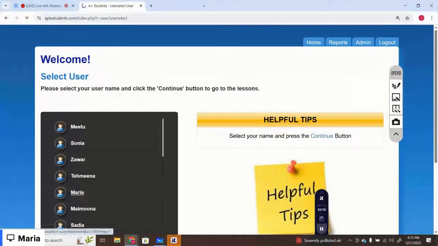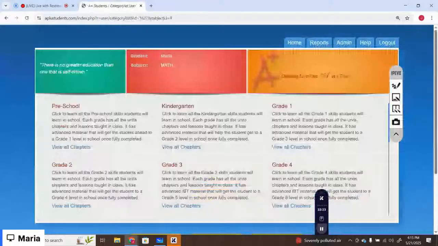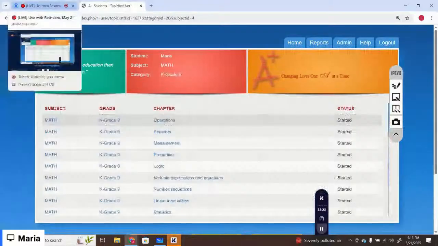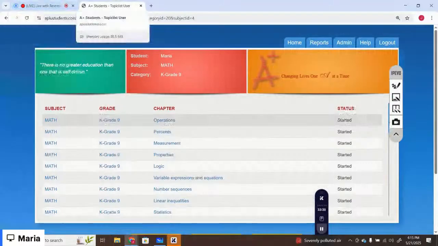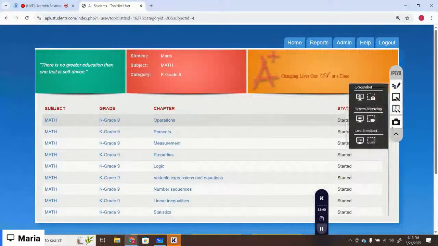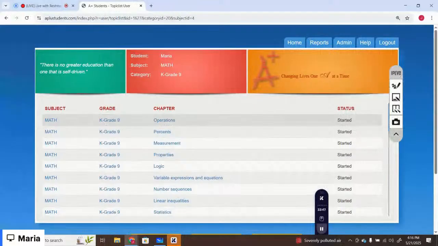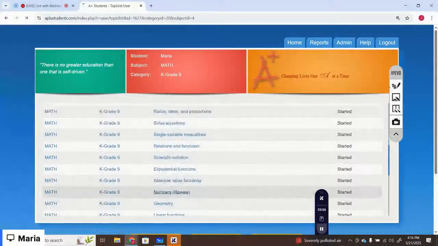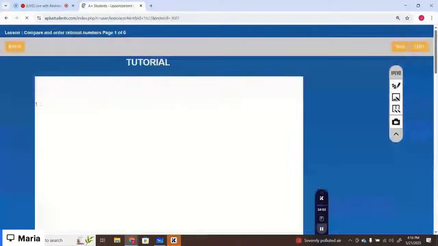Let's just start with grade 9 math. Compare and order.